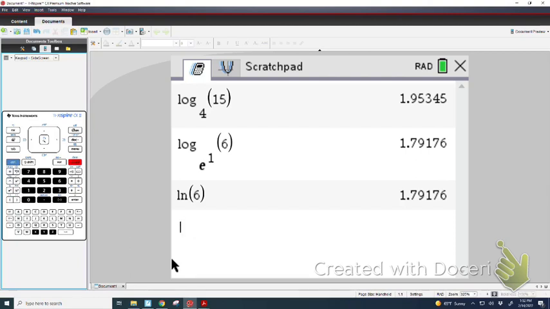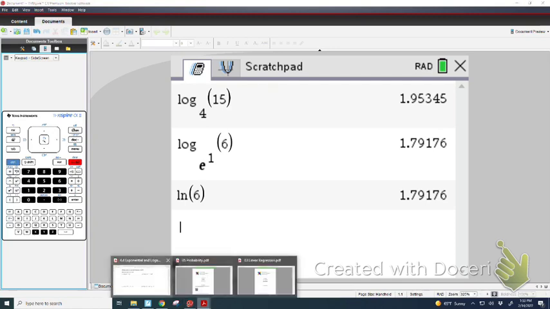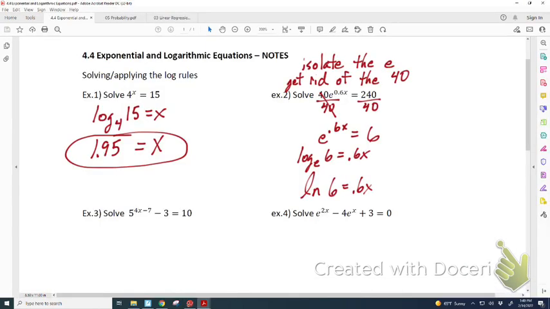So 1.79176 equals 0.6x. And then let's solve for x by dividing by 0.6. And we get 2.99.